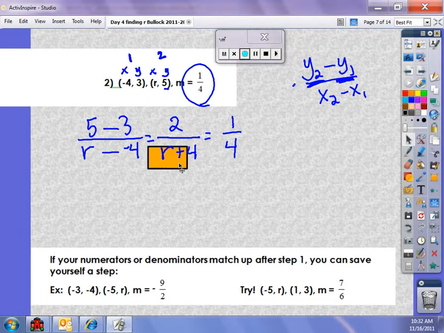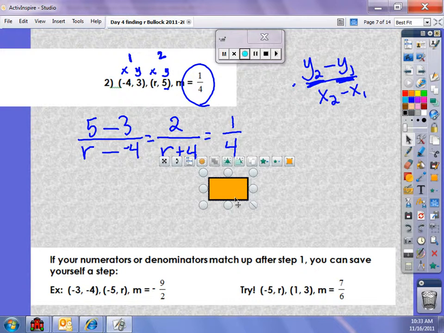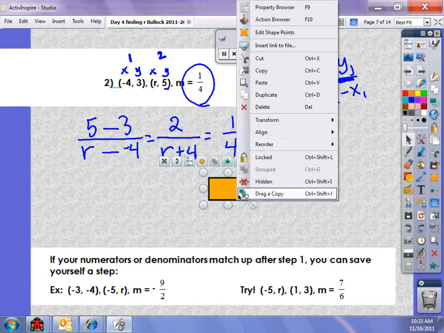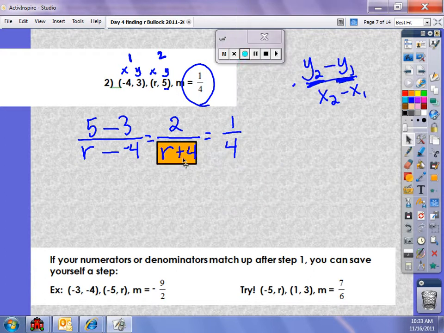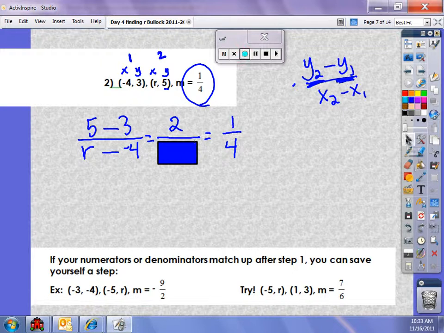One is, if I could pretend that I cannot see that, I know that 1/4 is the same as 2 over something, right?